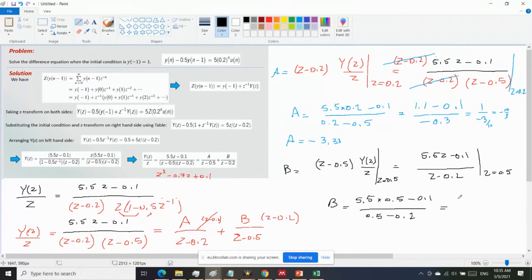So this is going to be 2.25 minus 0.1 over 0.3. So that means B is equal to 2.15 over 0.3.